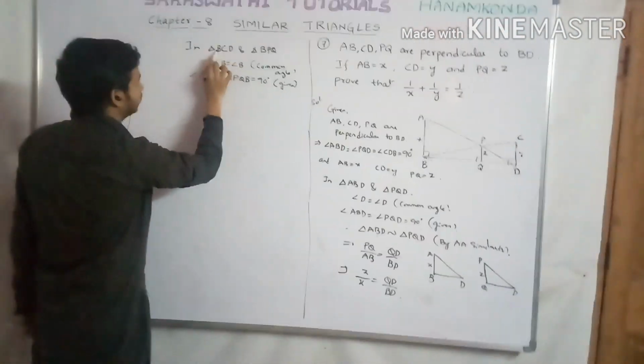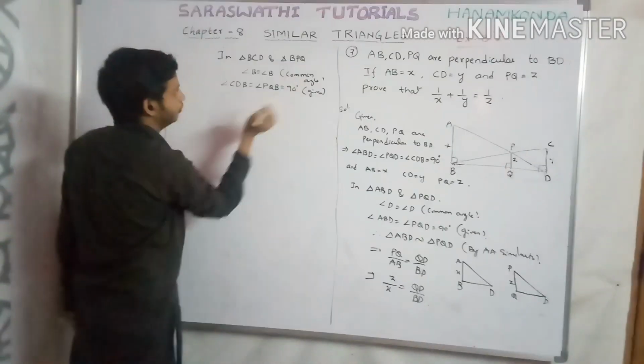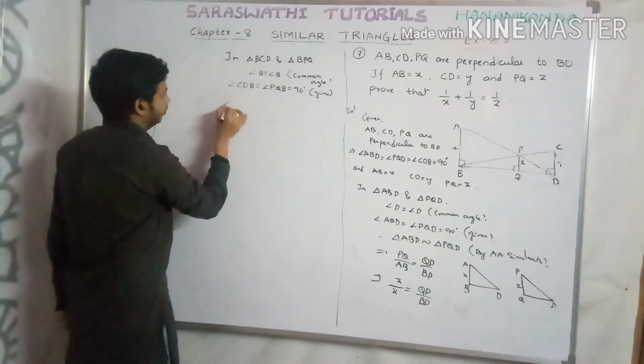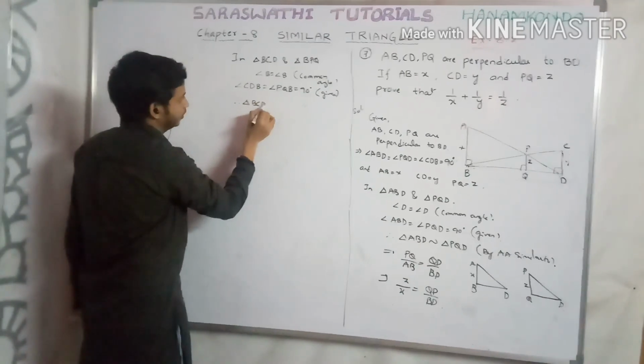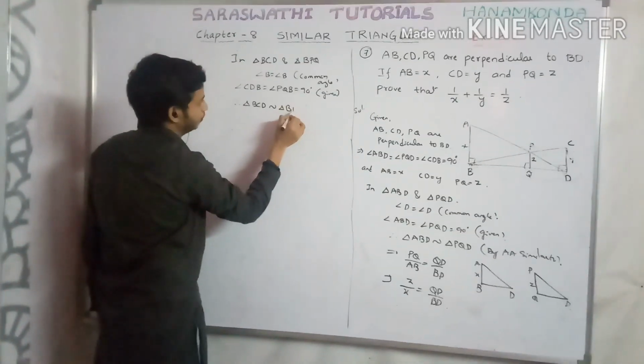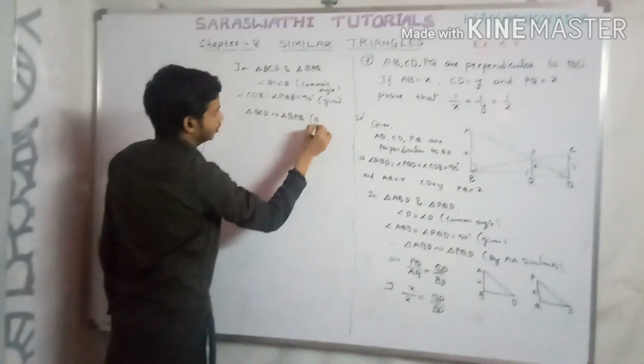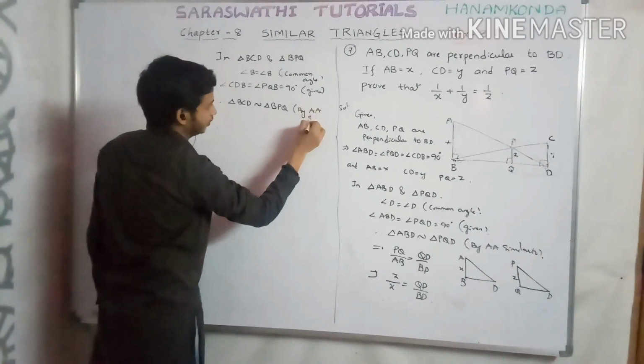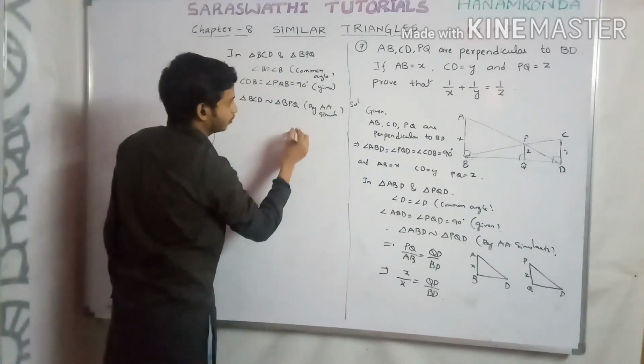Therefore, triangle BCD is similar to triangle BPQ by angle similarity. So draw the two triangles separately.